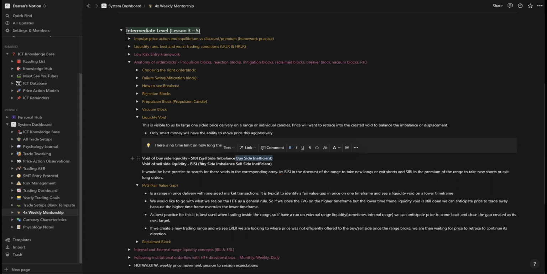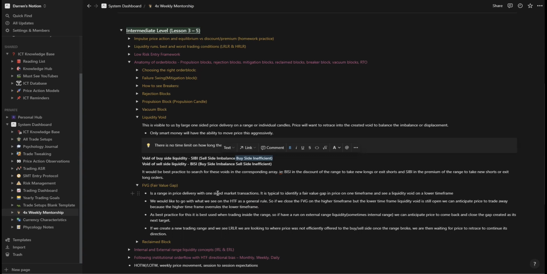Think of it like that. So either you target a liquidity void as a target to buy into to close price, or you use that liquidity void so that once it's closed, you sell because it's now rebalanced that inefficiency. So it's an institutional reference point. SIBI or BISI is an institutional reference point. And yeah, not much to talk about.